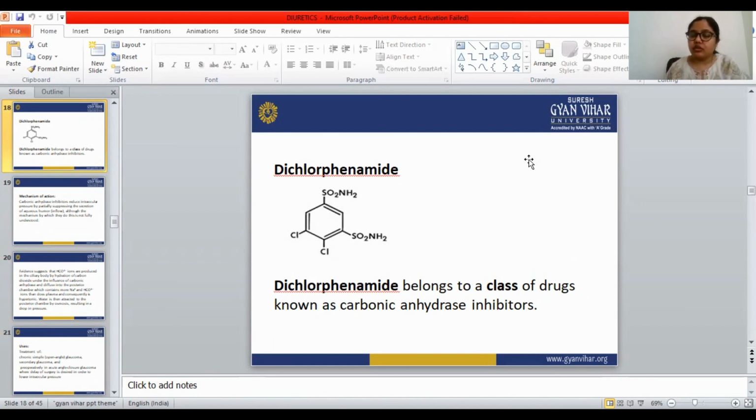But in tomorrow's class we will discuss the loop diuretics. I hope everybody understood very well how a carbonic anhydrase inhibitor works, what the examples of carbonic anhydrase drugs are, and which substituents the activity of the drug depends on. Everybody understood this? So thank you.